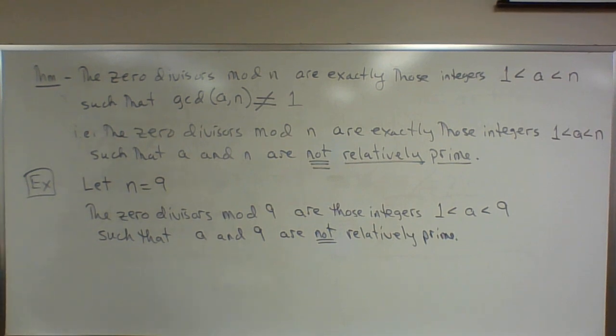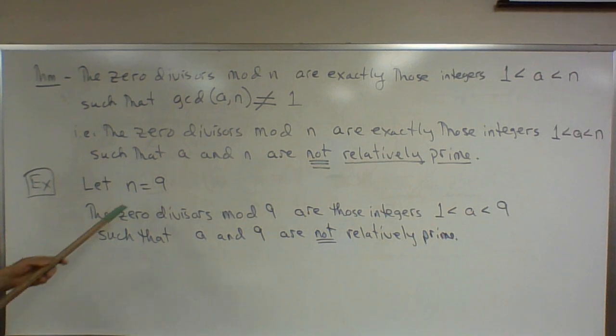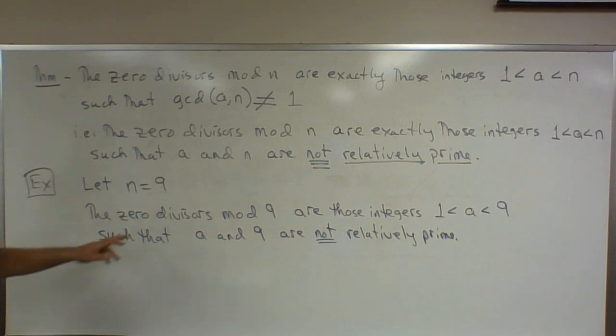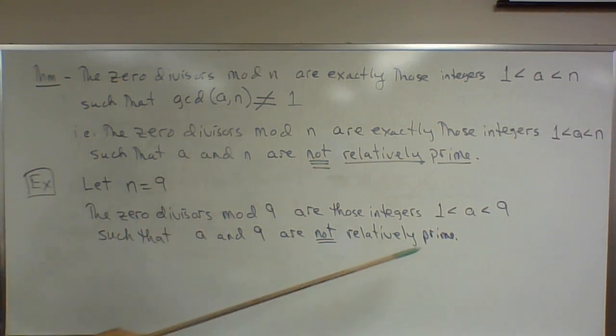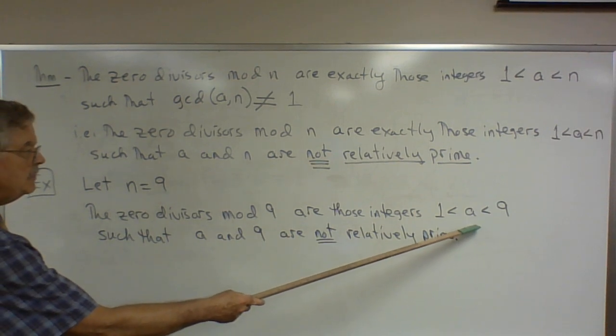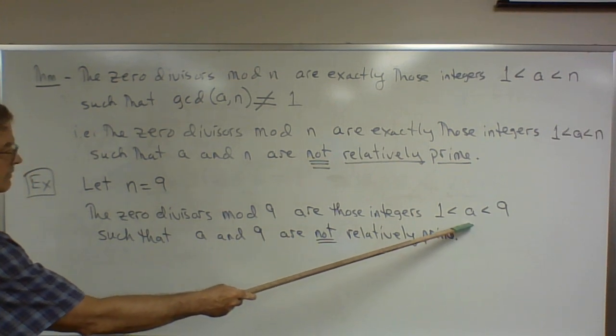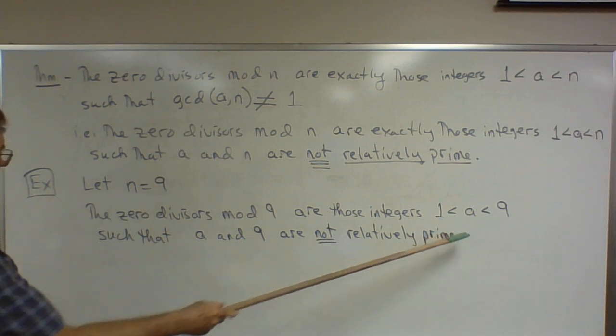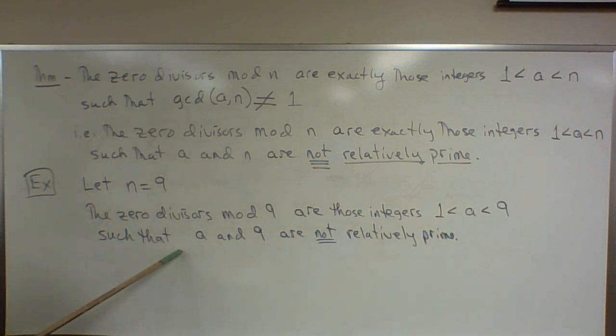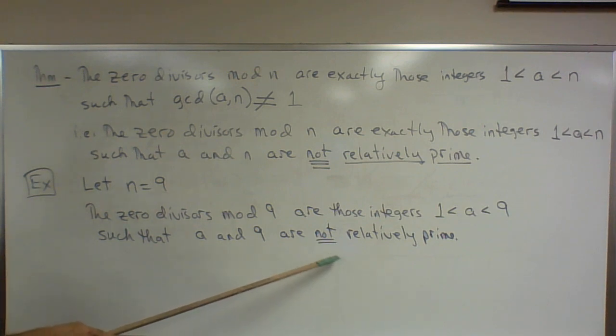Okay, let's look at an example. Let's have n equal 9. The zero divisors mod 9 are those integers between 1 and 9, not inclusive, those integers greater than 1 and less than 9, such that a and 9 are not relatively prime.